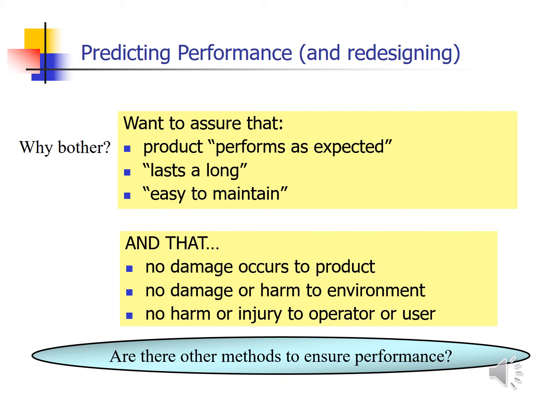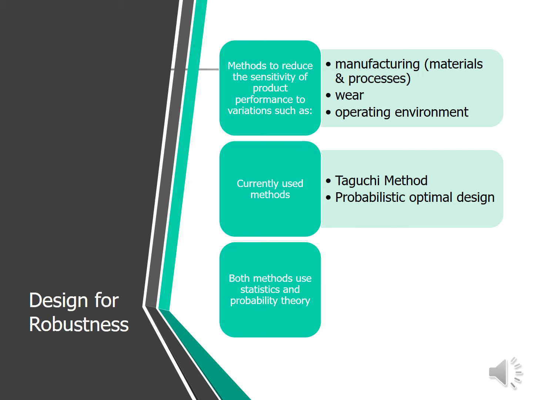Then: no damage occurs to the product, no damage or harm to the environment, no harm or injury to the operator or user. These are methods to ensure performance.